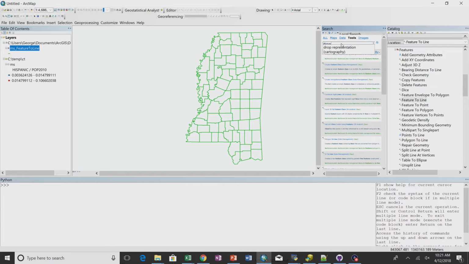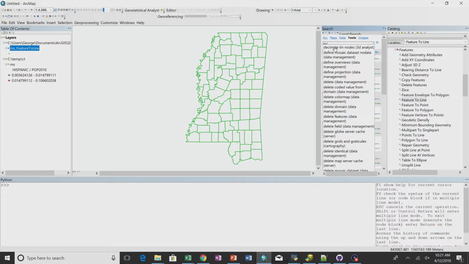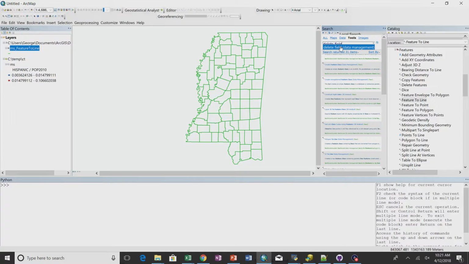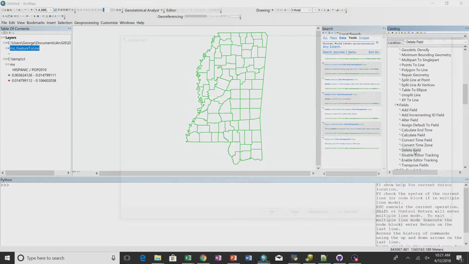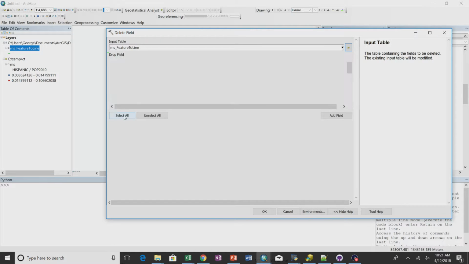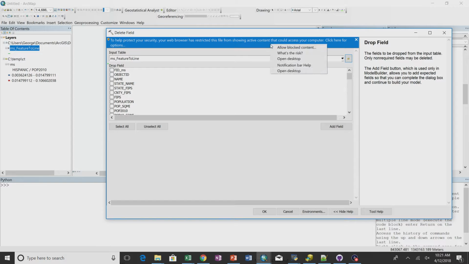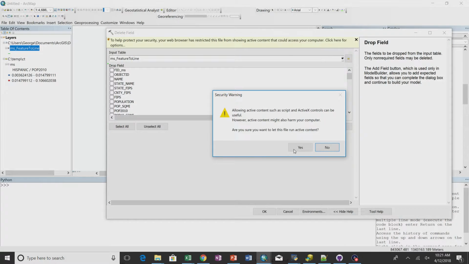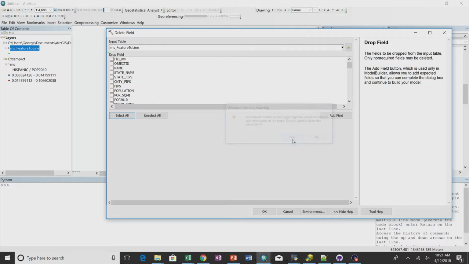Actually, before I do that, in order to make our data set not have a ton of data, I'm going to drop all the fields except the ones we care about. There's a tool called delete field. I'm going to delete, out of our feature to line, everything except I want to keep the object ID, and the name of the county.